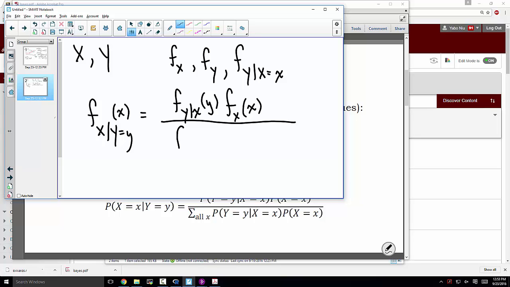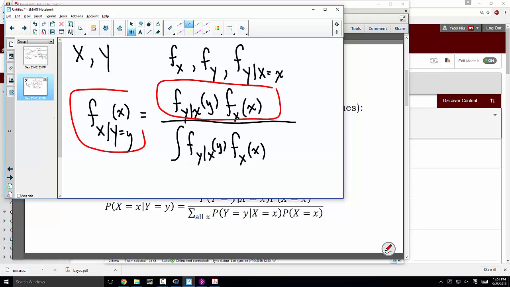The integral of f of y given x times the marginal of x. Okay. So the main piece is the numerator, which allows us to say this opposite conditioning is proportional to this product.